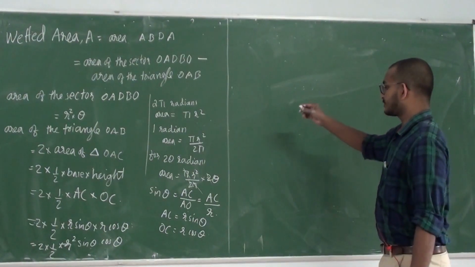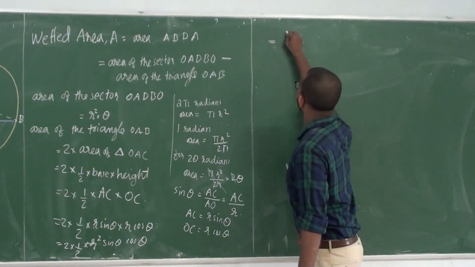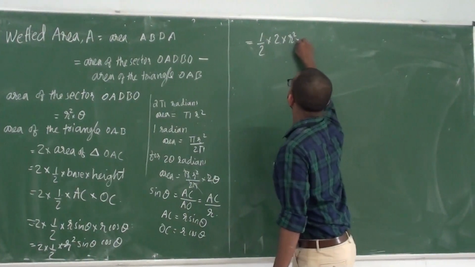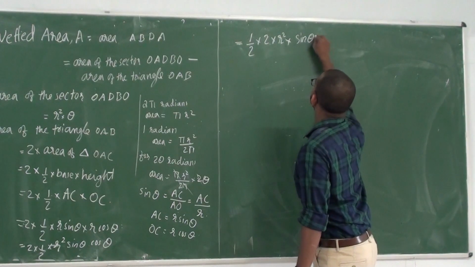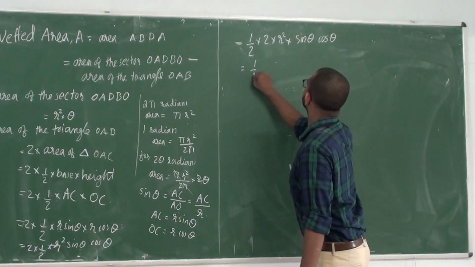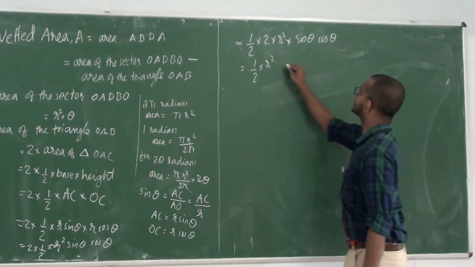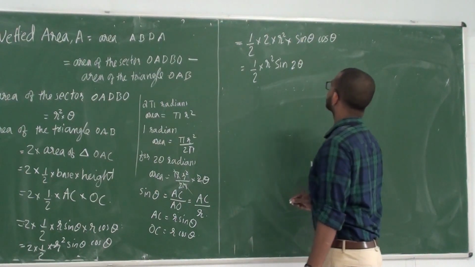The area of the triangle is equal to half of r square into 2 sin theta cos theta, which is sin 2 theta.